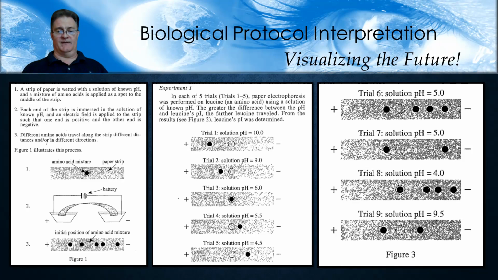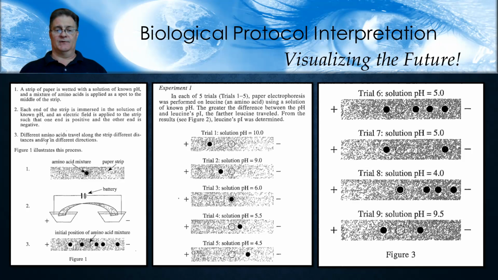What is changing in the experiment? Well, the pH is 10, 9, 6, 5.5, and 4.5. But notice it's only one amino acid. So they're showing us the effect of changing the pH on the amino acid.